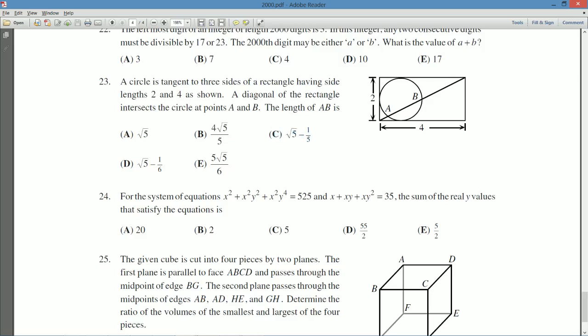So C is out. And I'm pretty sure D is out as well. Oh yeah, it's got to be: 1/5 is bigger than 1/6. So definitely, A, C, and D are already out just by realizing that chords can't be longer than the diameter. So that's pretty interesting.